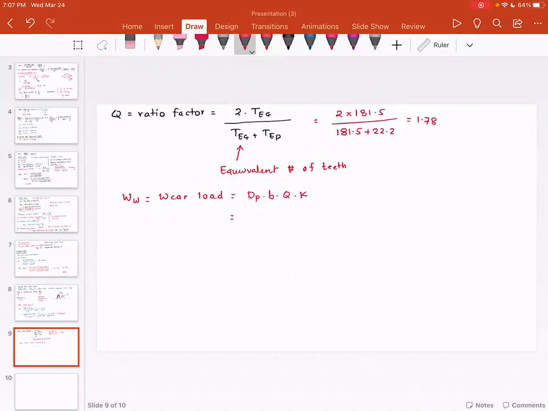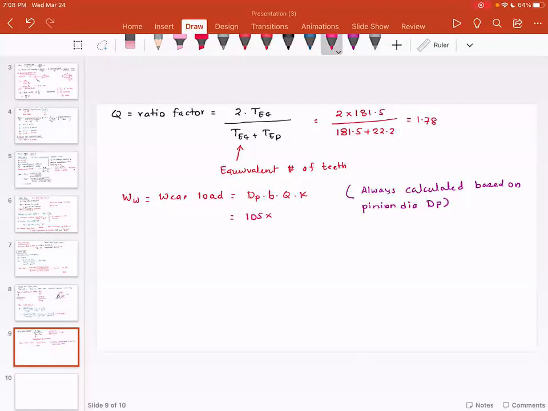So it is super important to keep in mind wear load is always calculated based on pinion dP. So dP is equal to 105.